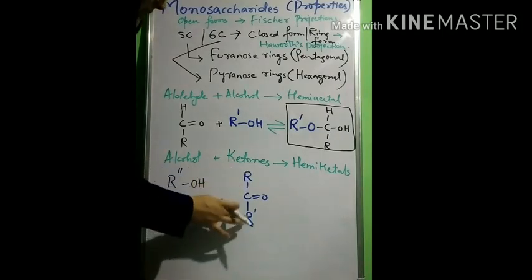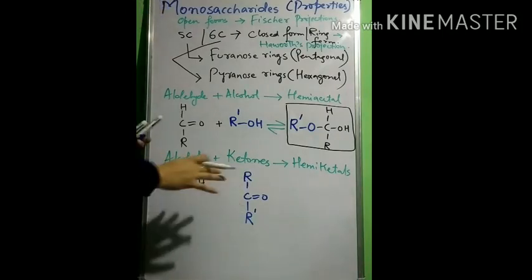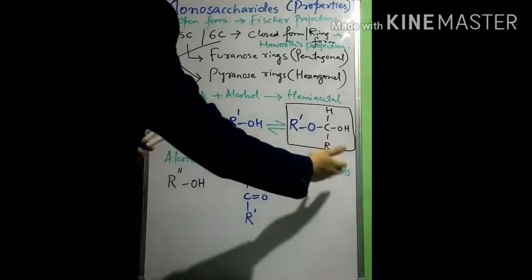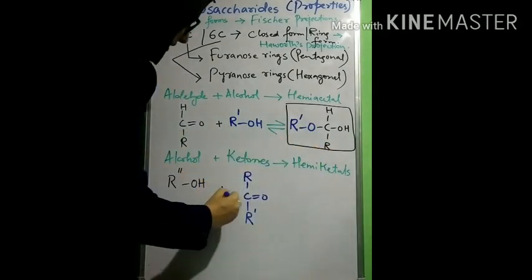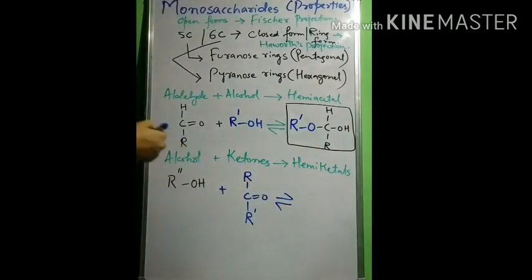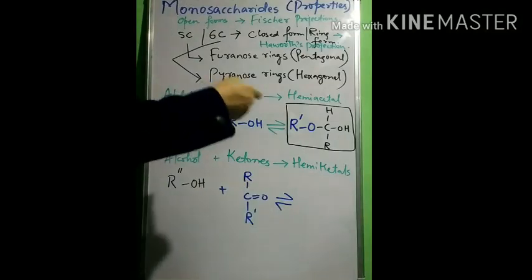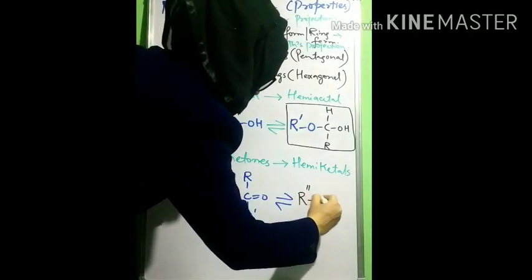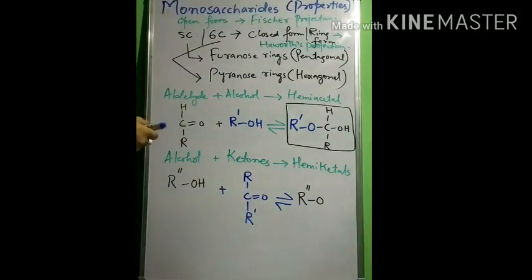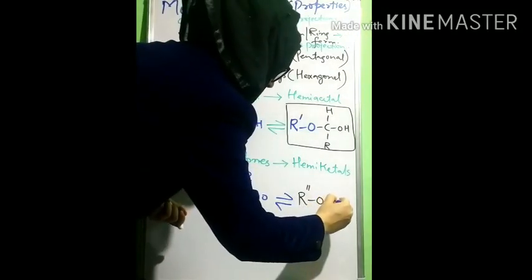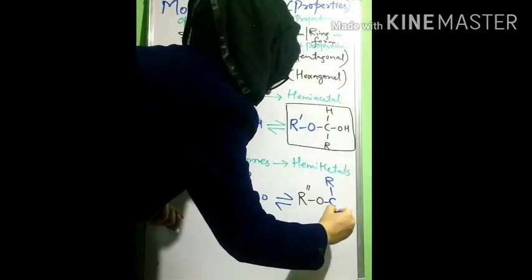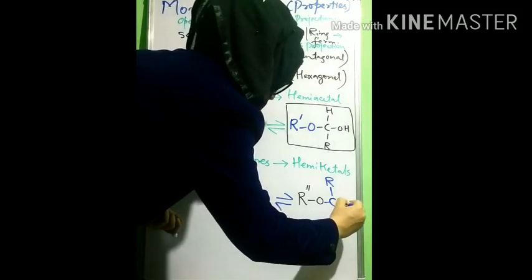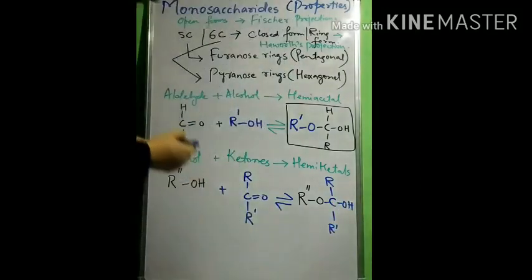So one chain is R, another is R', another is R''. This will make it easy to understand the hemiketal. They react with each other and they result in the formation of what? Hemiketal. Let us look at the structure of the hemiketal. It will be like this. R'' O out of alcohol, and then you will be having C, R', OH, and R. What is this? This is a hemiketal.